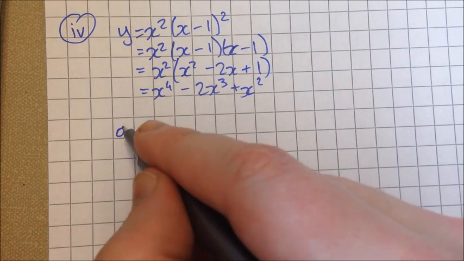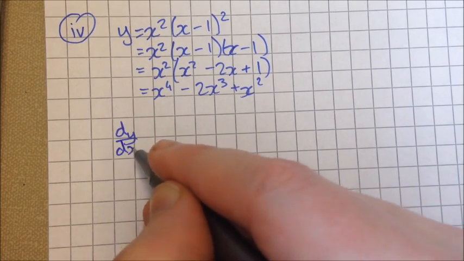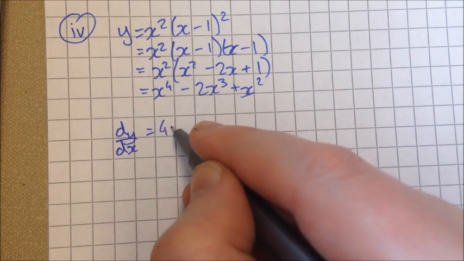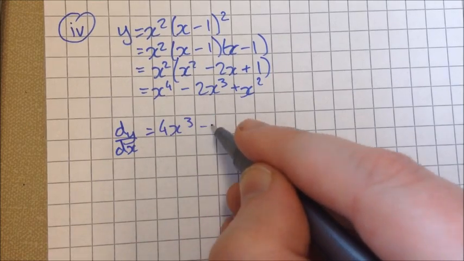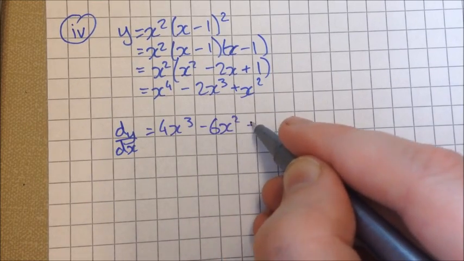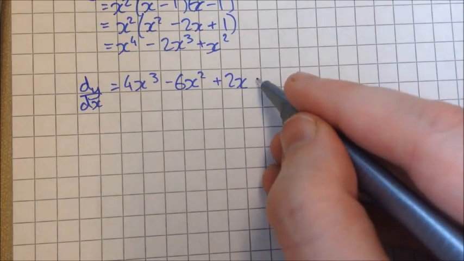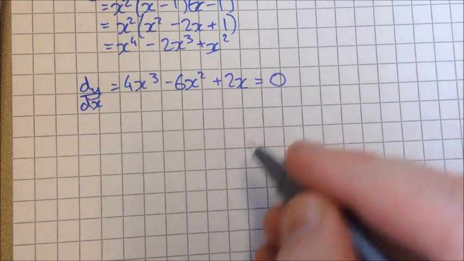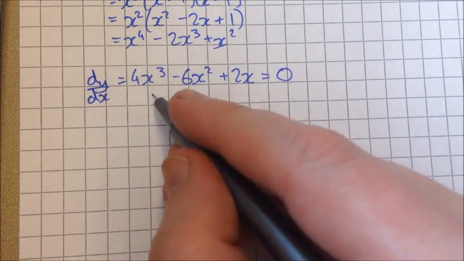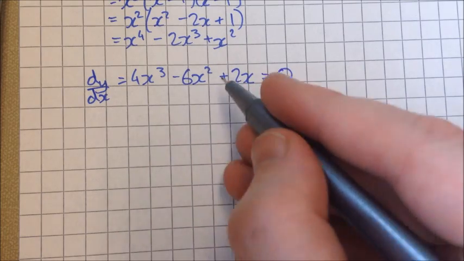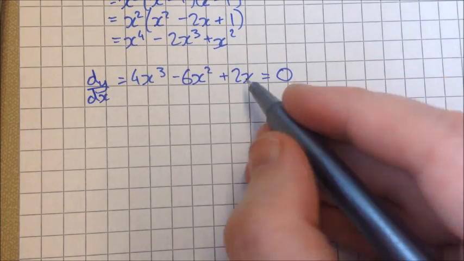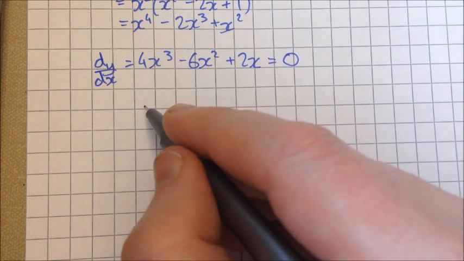Now I can differentiate that. Right, we want to find out where that equals 0. Right, this unfortunately is a cubic, so we've got to find a factor where this comes out as 0 to begin with.